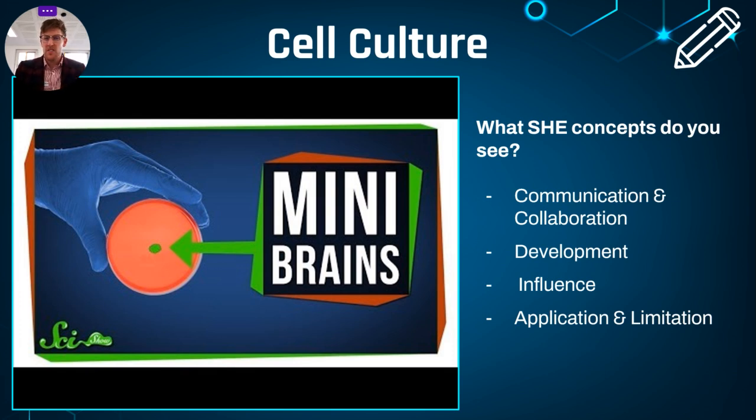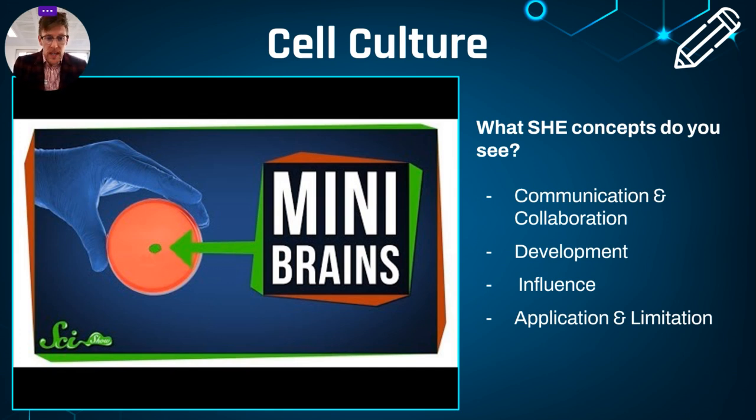So there's heaps and heaps of applications of taking cells from a living organism and exposing them to culturing in a lab environment where they replicate, and so they continue to live and thrive in that kind of environment.